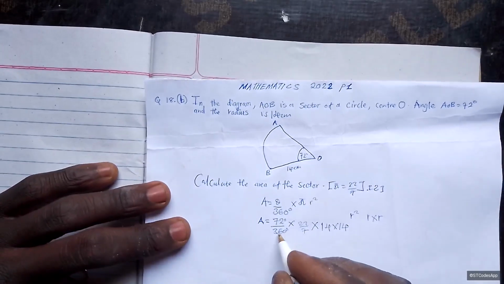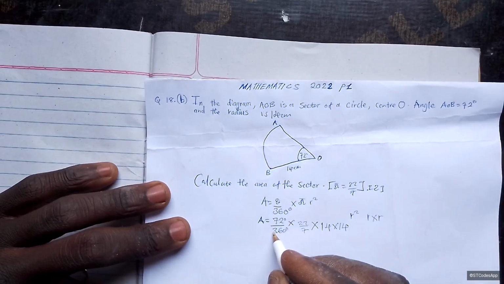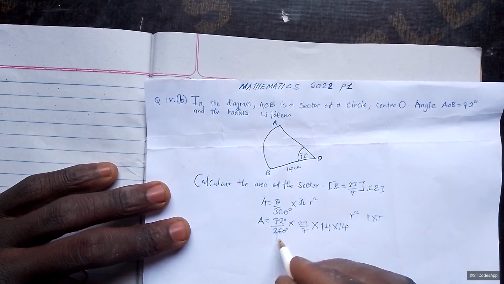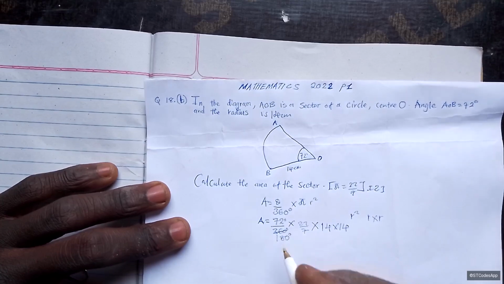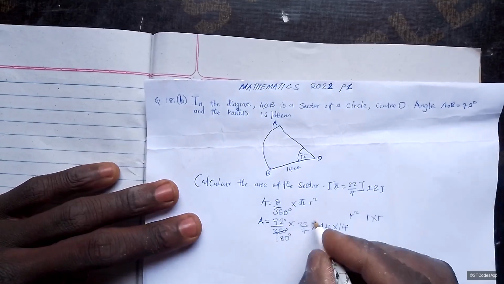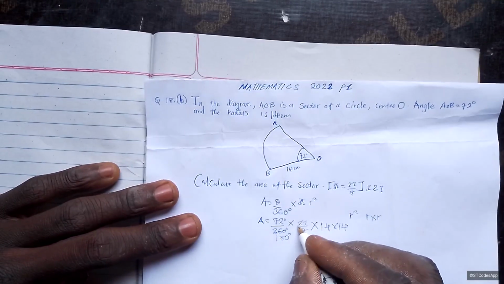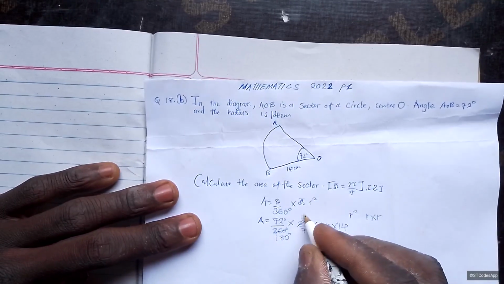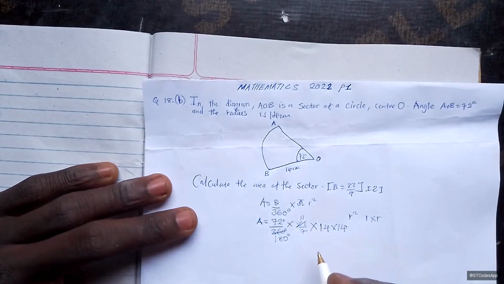So 2 into 360, I'm going to get 180. Then 2 into 22, I'm going to get 11.